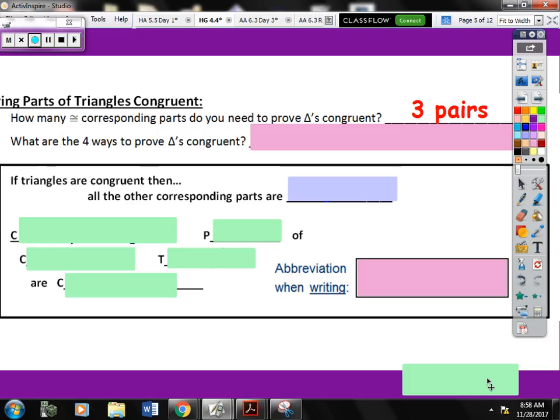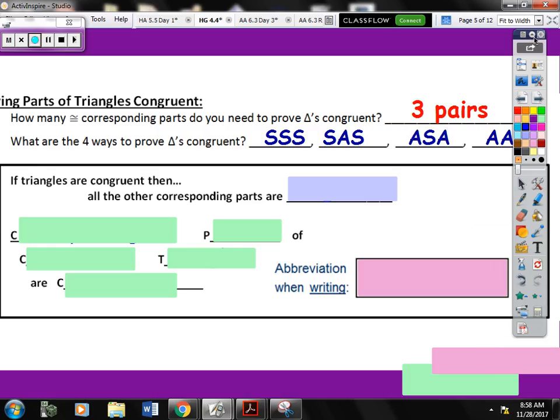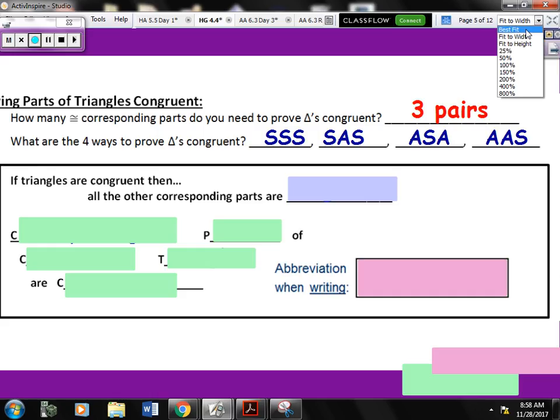What are the 4 ways we know? Well, we know side side side, side angle side, angle side angle, and angle angle side. We're also going to learn another one in our packet, which is HL, but we haven't learned that yet.